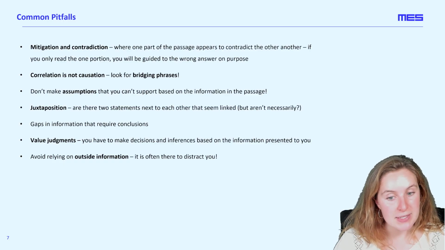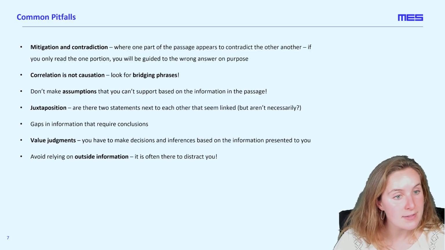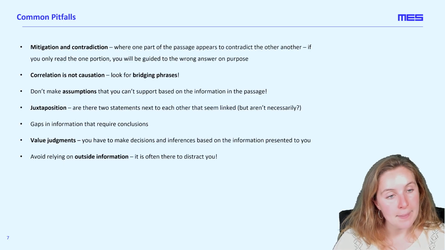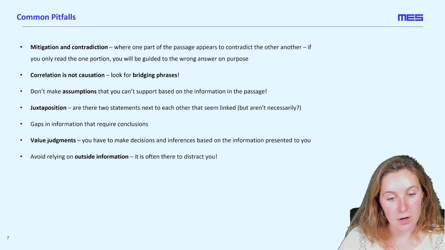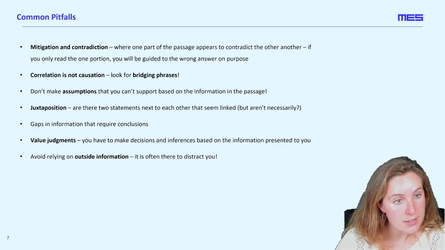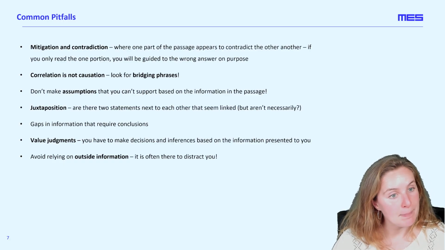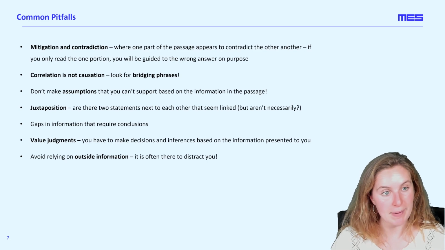There are also sometimes gaps in information that require conclusions. So you may be listed several reasons why an event took place, and then you might be asked to make a conclusion about what was the strongest factor towards the event taking place, based on the information surrounding that in the passage.